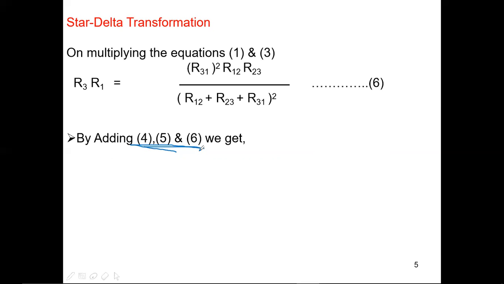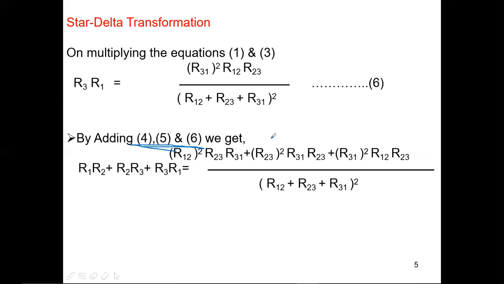By adding 4, 5, 6: R1 R2 plus R2 R3 plus R3 R1 is equal to R12 square into R23 into R31 plus R23 square into R31 into R12 plus R31 square into R12 into R23.